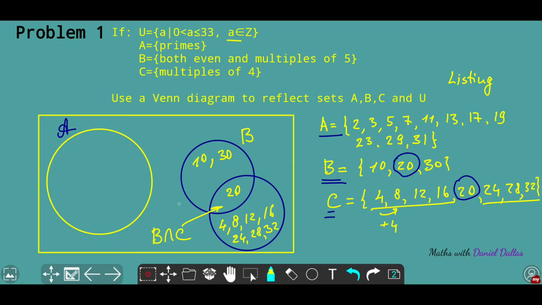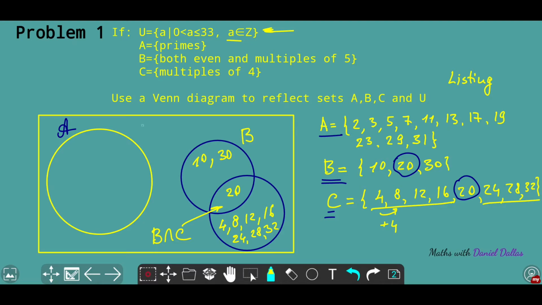And as you remember, outside within the rectangle, we need to highlight all other elements that are not included in sets A, B, and C. So that's why outside the circles we will mark all the elements that are left.